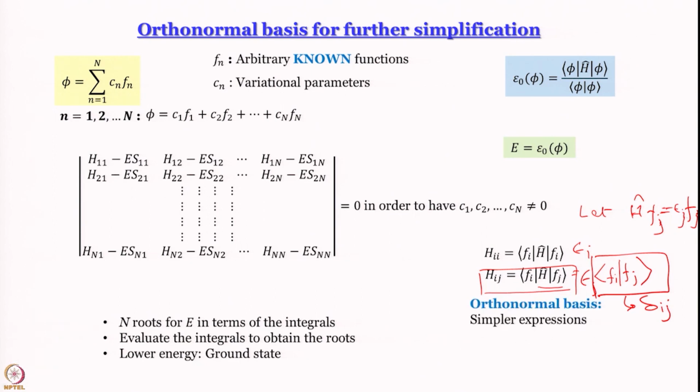So let us conclude today by saying that if we use an orthonormal basis, we actually get simpler expressions, and the secular determinant becomes a little easier to handle. There is another advantage, but let us talk about that after we discuss how an orthonormal basis simplifies the problem further for us.